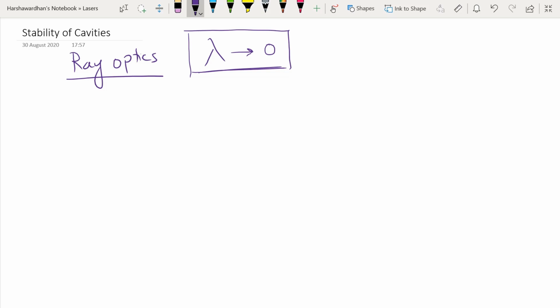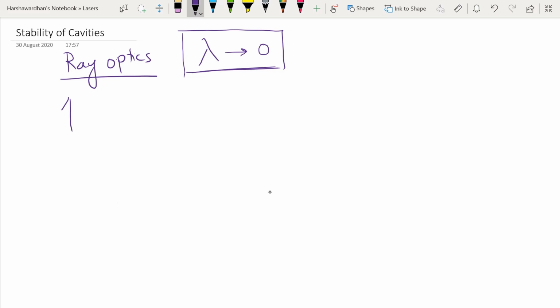And to me, it is also very nice and interesting that a simple analysis based on ray optics actually gives you the stability of the full field within the cavity. So let us begin. Imagine I have two plane mirrors and I want to confine light with such geometry of the mirrors.